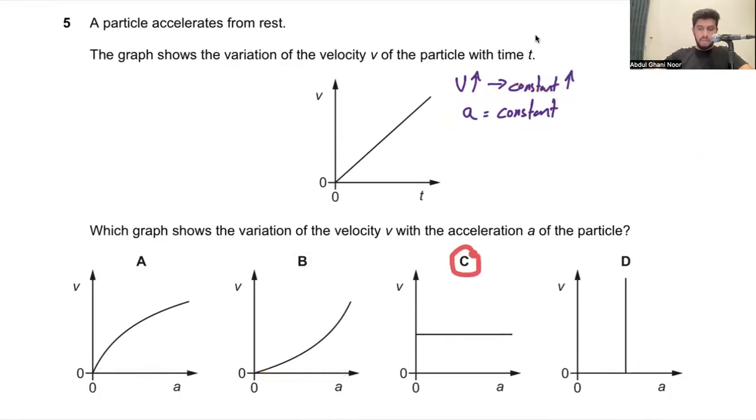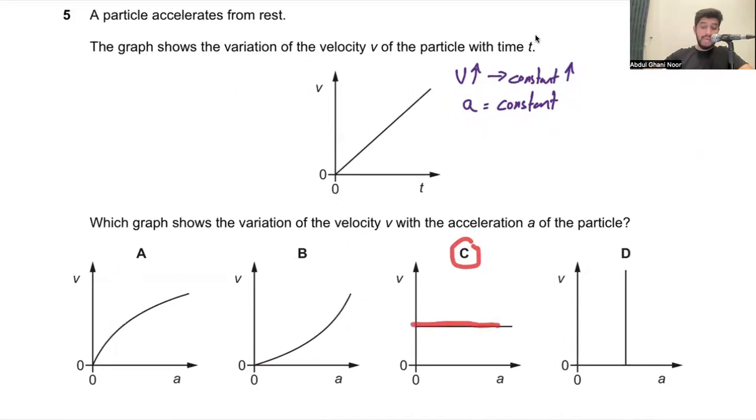If you look at option C, the velocity is constant, but the acceleration is increasing, which is not possible. The only possible answer is D. The acceleration is constant at some value, but the velocity continues to increase at that value of acceleration. So 5D.